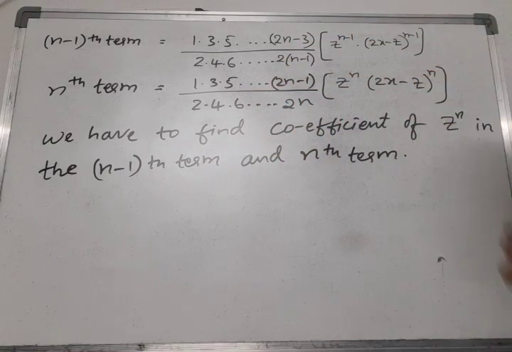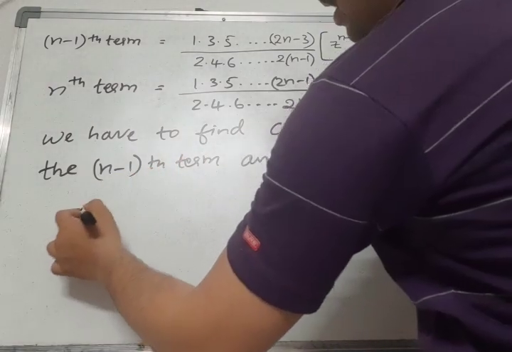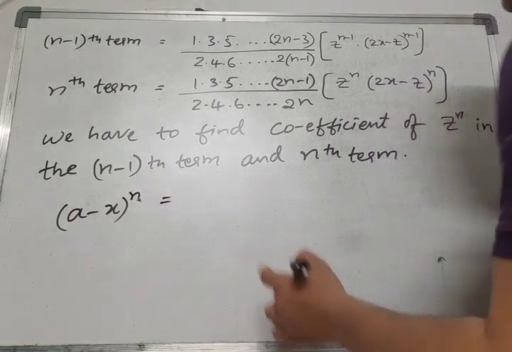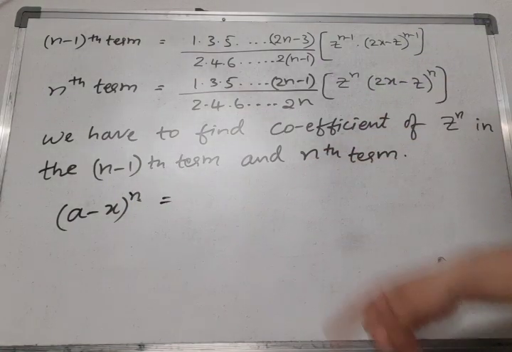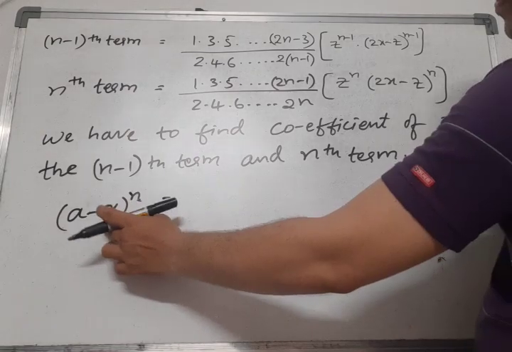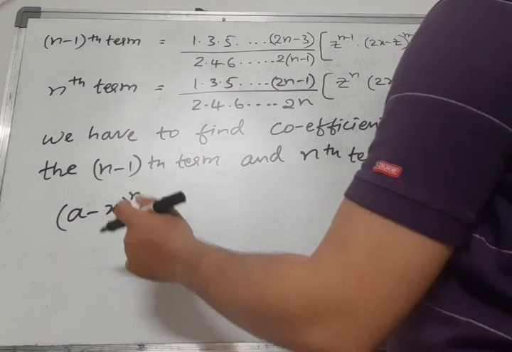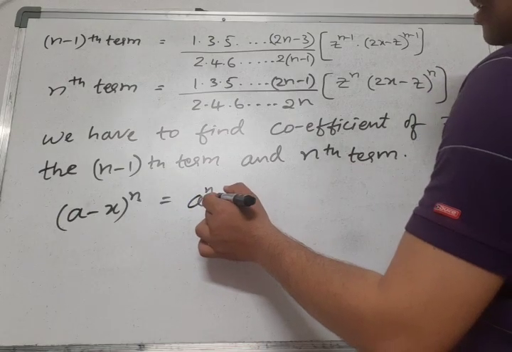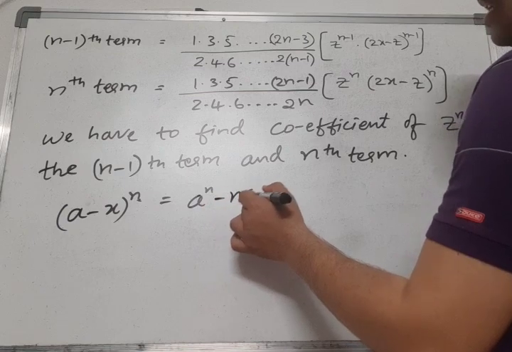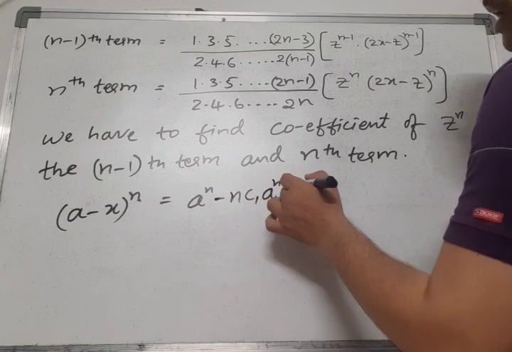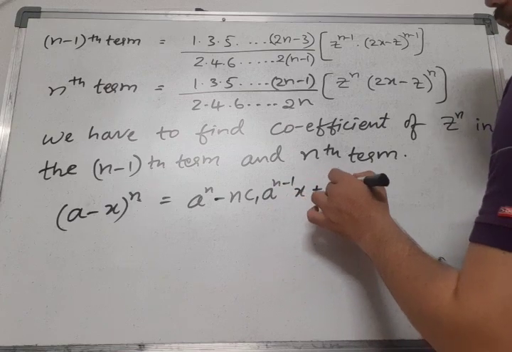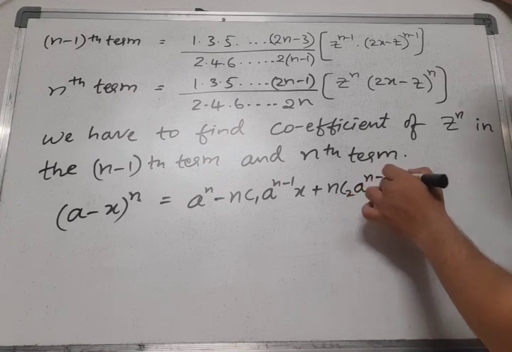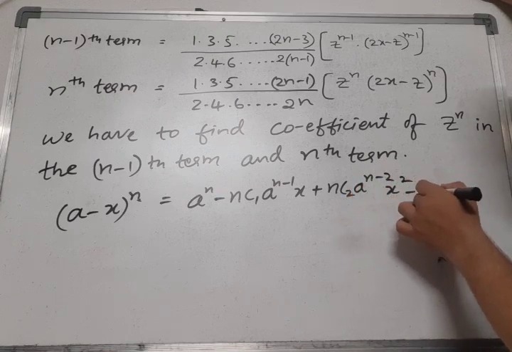For that we need one formula. What is that? A minus x whole to the power of n can be written as a to the power of n minus nC1 a to the power of n minus 1 x plus nC2 a to the power of n minus 2 x square minus and so on.